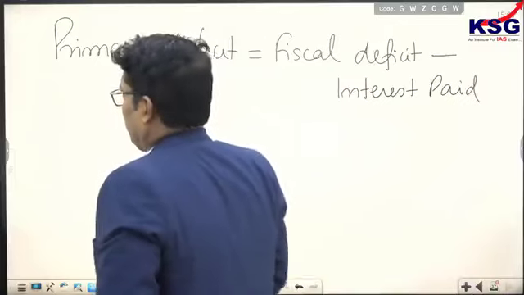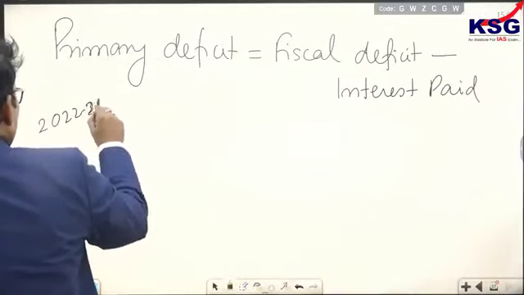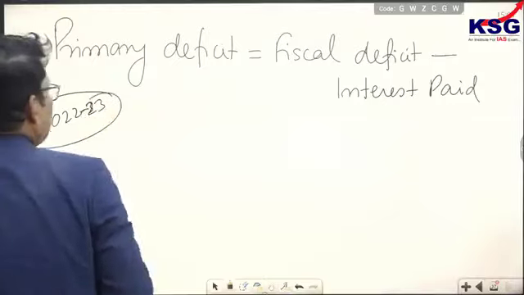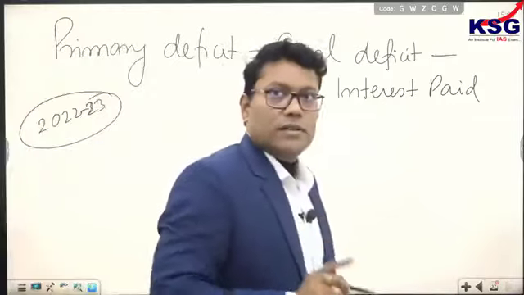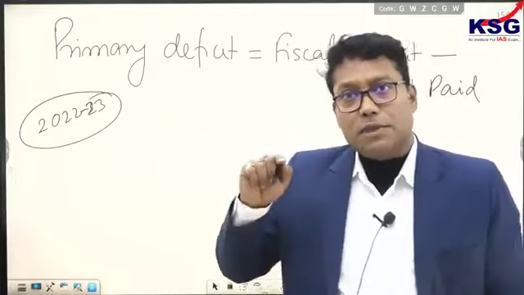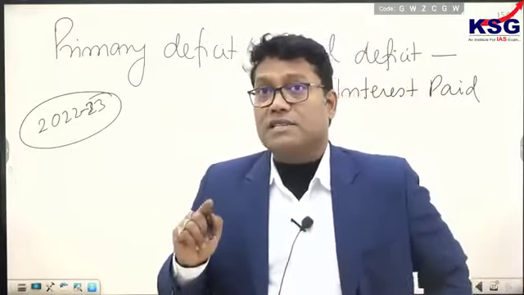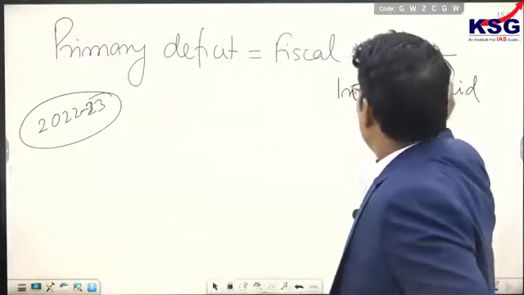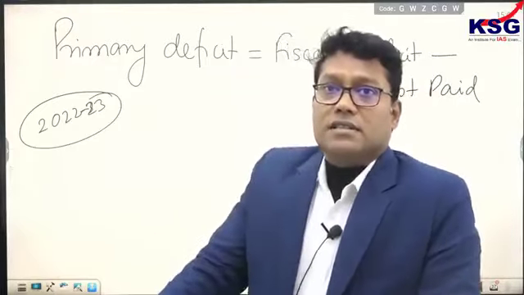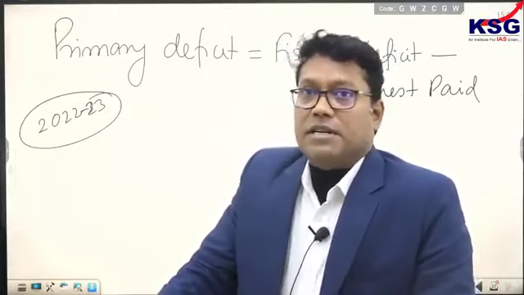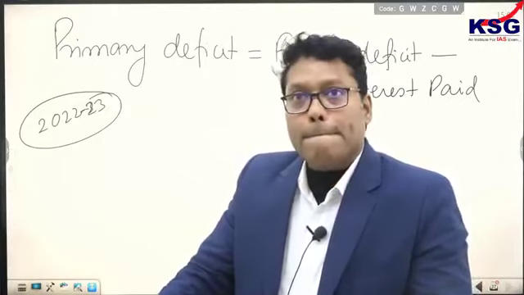If you are calculating for 2022-23, first you calculate the fiscal deficit for the whole year. And in this particular year, how much money you paid as interest? That interest amount you subtract. The remaining amount of fiscal deficit is known as primary deficit. Clear?